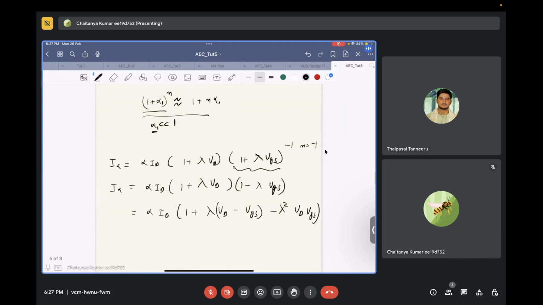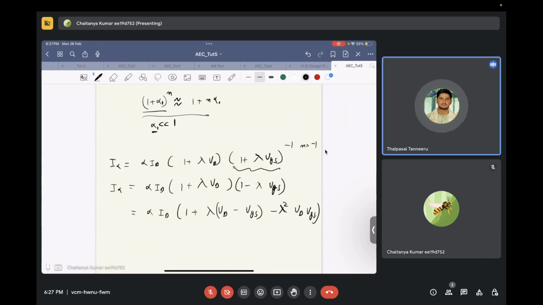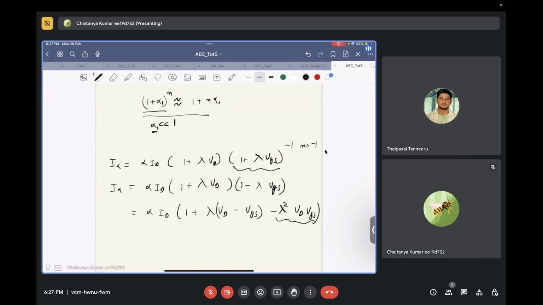Now, since your lambda is a very small term, multiplication of two very small quantities will result in an even smaller quantity, right? Yes, sir. So we can ignore this lambda square term. So what you have at the end is alpha ID plus lambda times alpha ID times VD minus VGS.